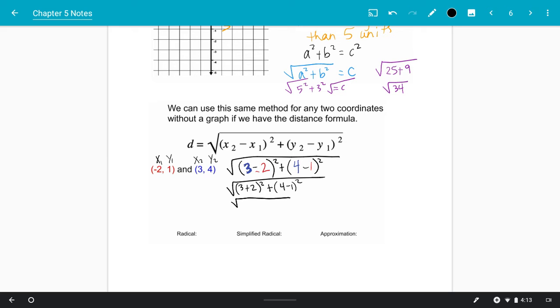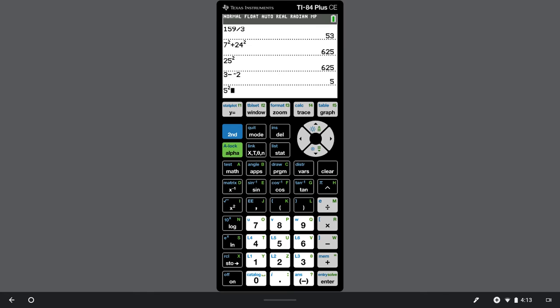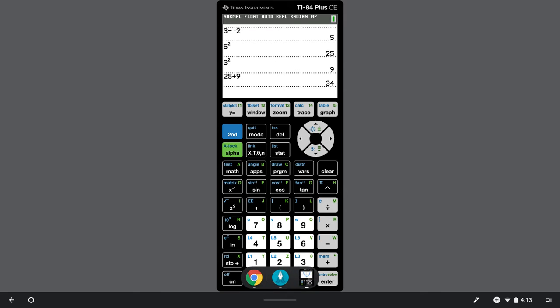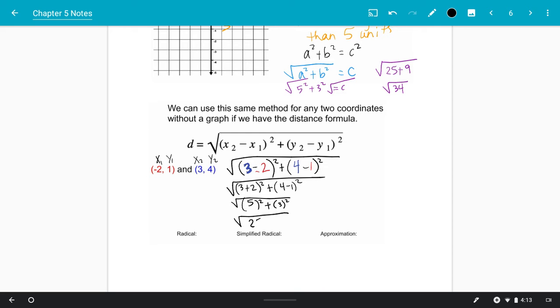So 3 plus 2 is 5 squared, plus 4 minus 1 is 3 squared. And here we get 5 squared is 25. 3 squared is 9. And then we need to do 25 plus 9, which is 34. So we have the square root of 34.